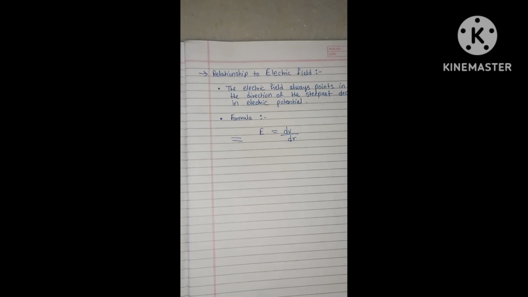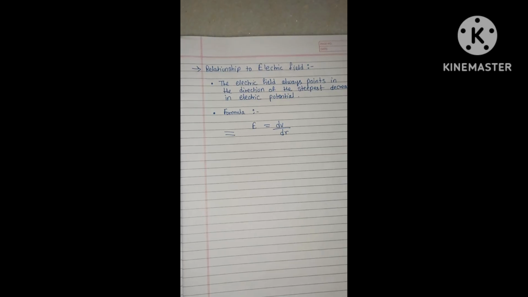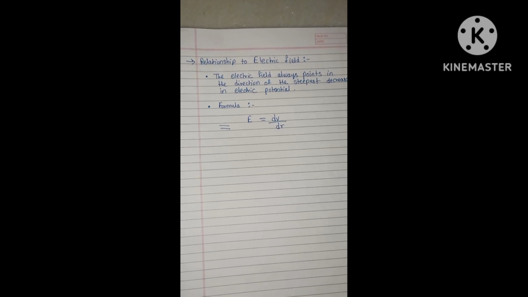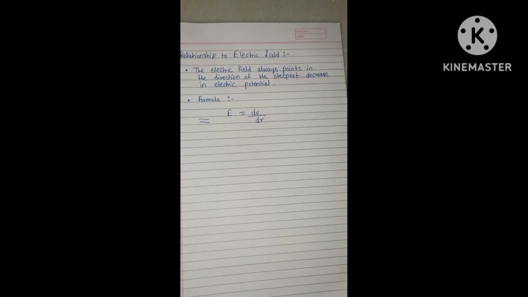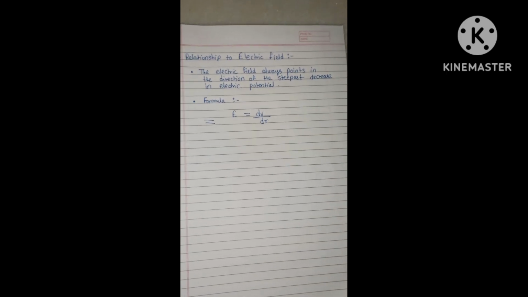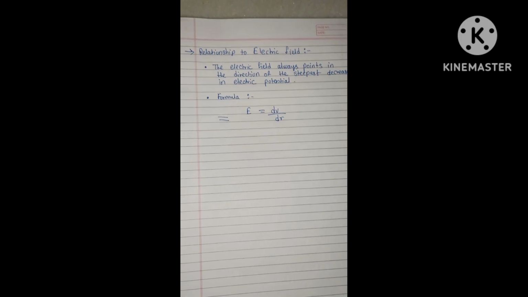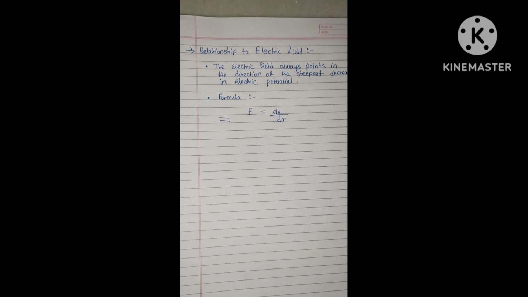Now think of it like a topographical map. Electric field lines are perpendicular to equipotential surfaces, the surfaces where V is constant. V means volt.